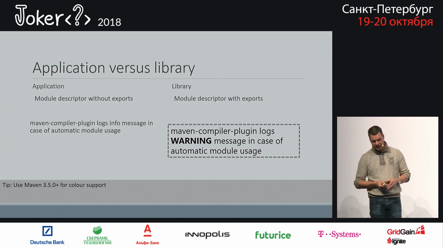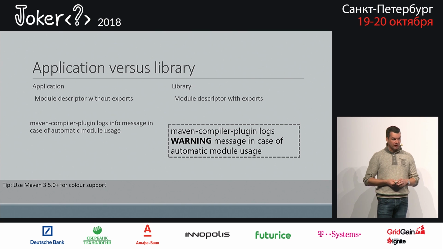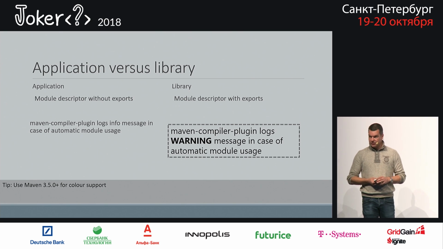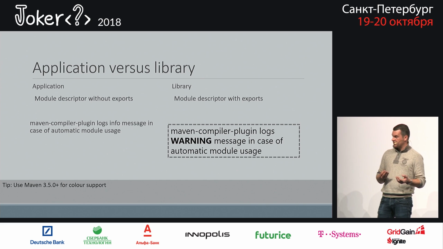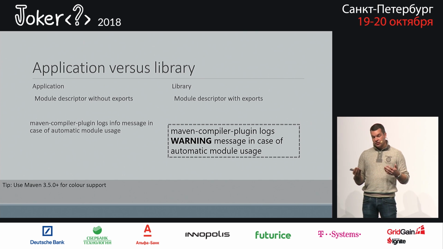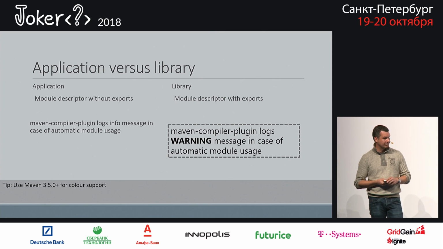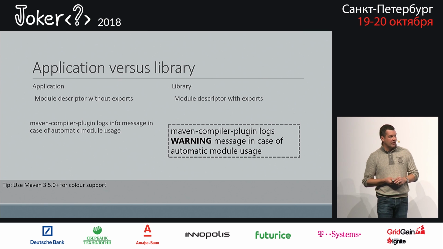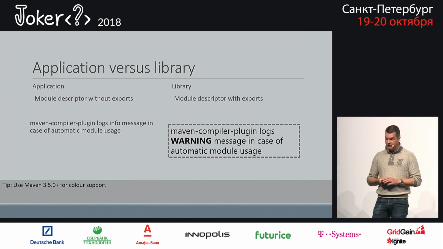The compiler plugin also warns you for it. So suddenly it becomes quite important to know if you are working on an application or a library. An application is something that doesn't export any packages. Makes sense, right? In this case, the Maven compiler plugin will show you a message that you are referring to automatic modules.